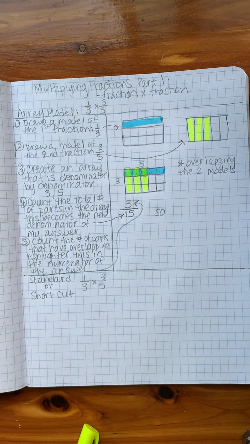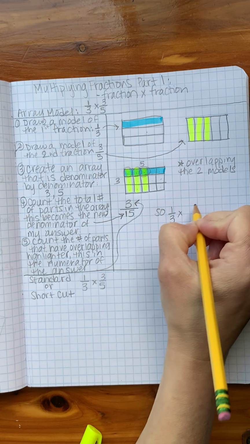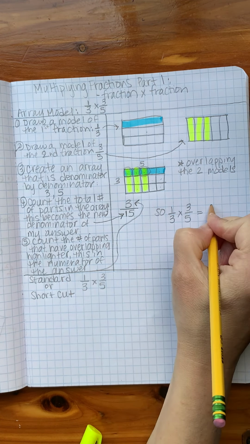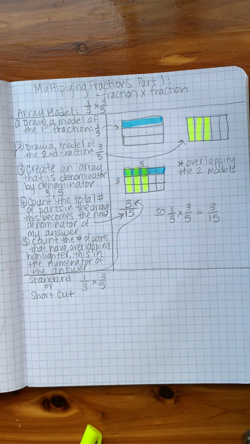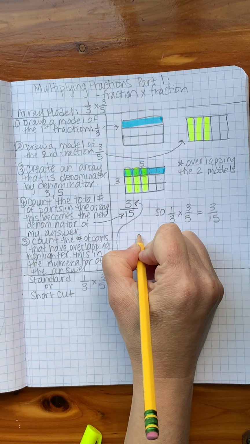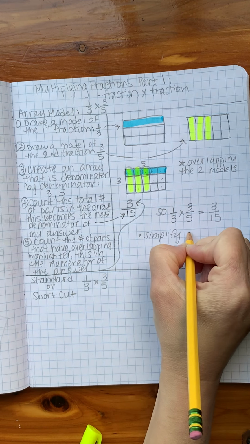So 1/3 times 3/5 equals 3/15. And if I want to reduce it, I can simplify if needed.